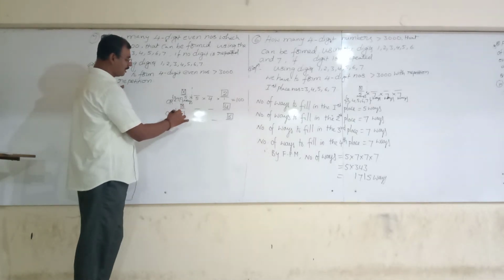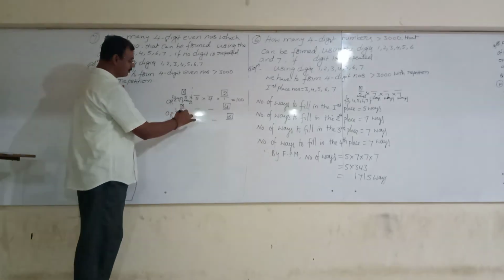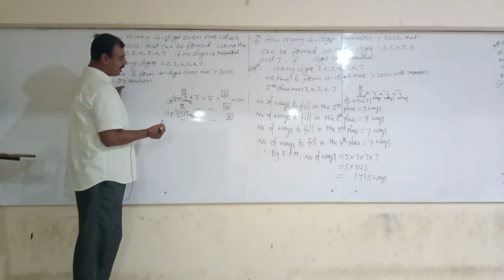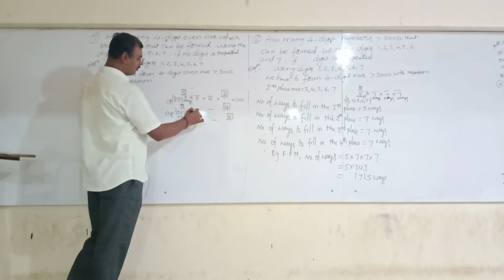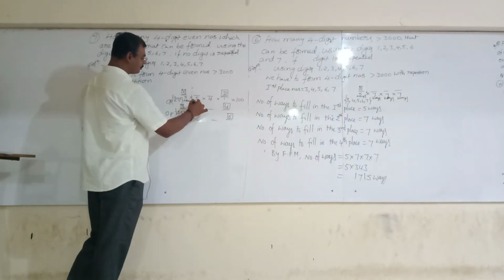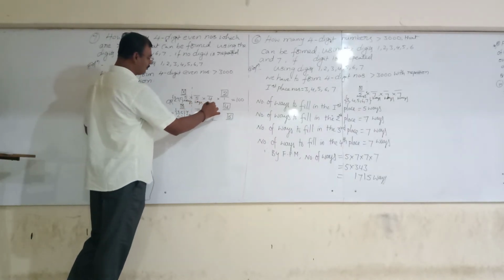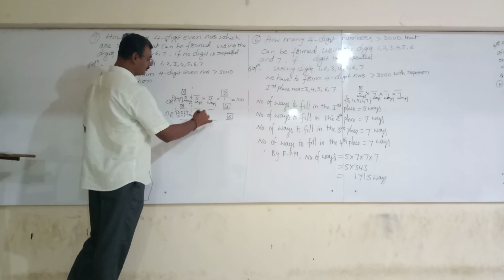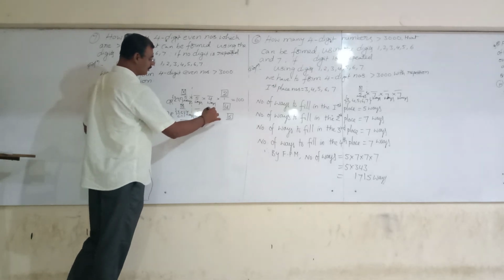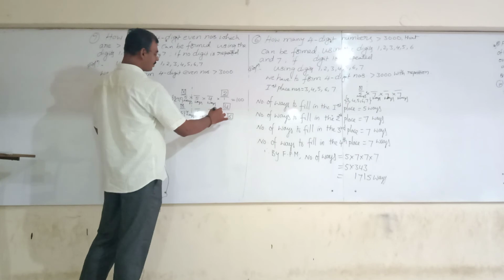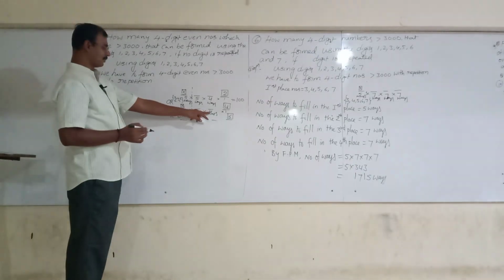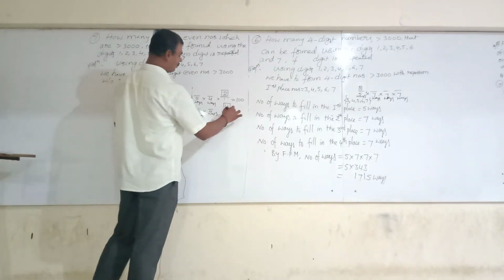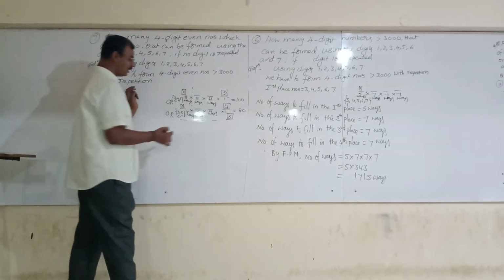So this can be done in only 4 ways. Having satisfied this condition, this is filled in 5 ways, and this can be filled in 4 ways. Now the total number of ways is 4 into 5 into 4, 20. 20 into 4 is equal to 80 ways.